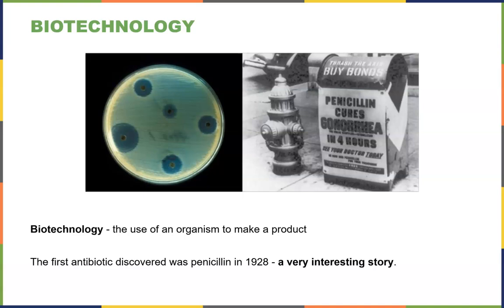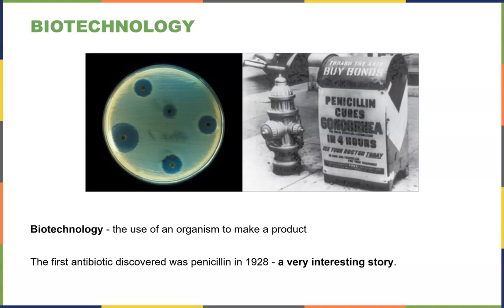One major breakthrough in biotechnology was the discovery of penicillin. Alexander Fleming was the researcher who was discovering ways to get rid of bacteria. He worked in a hospital lab, and he went on vacation. When he got back from vacation, his petri dish of Staphylococcus bacteria had some mold growing on it, and that happens.